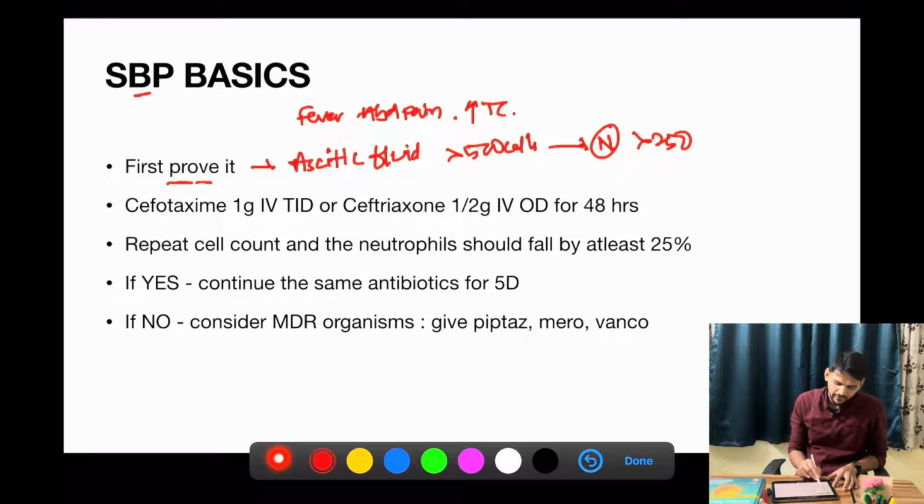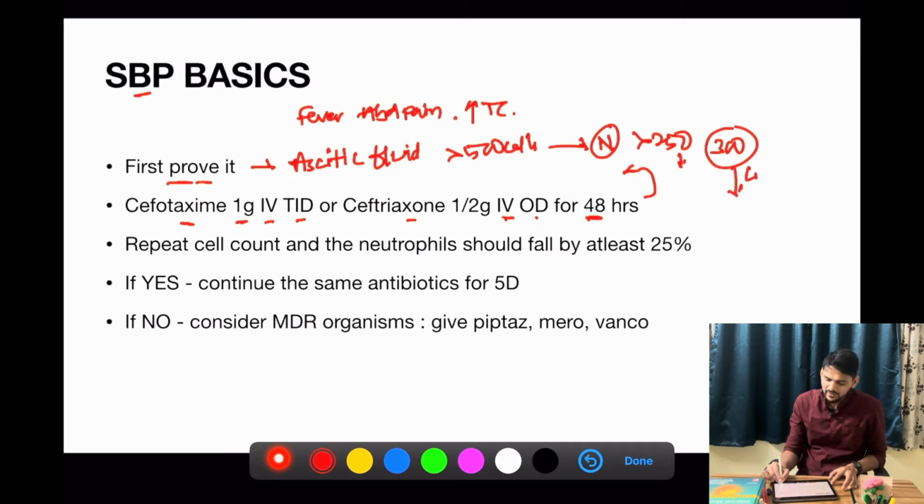So once it is proven, what we can do is we have to start on antibiotics. Preferred ones are cefotaxime 1 gram IV TID, or ceftriaxone 1 or 2 gram IV once daily. So this antibiotic should be given for 48 hours. Then we have to repeat ascitic fluid analysis again. So once we repeat it, the neutrophil count, whatever we had got, for example, it was 300 suppose in the first value.